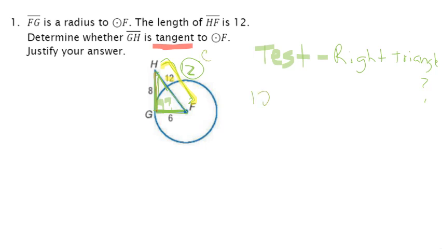I'm going to test this, like we did in one of the previous units. Does 12 squared equal 8 squared plus 6 squared? Do those equal the same thing? I get 144. Does that equal 64 plus 36?